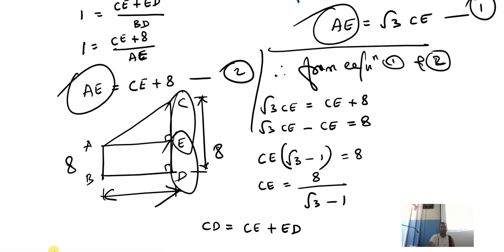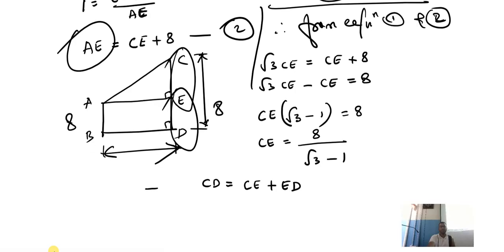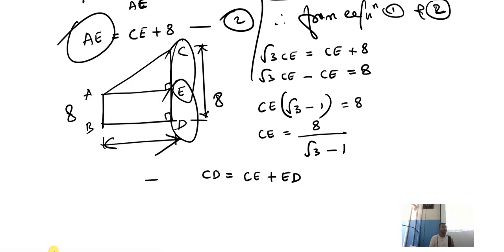CE plus ED. To find the value of CD, we have to add CE plus ED. CE is 8 by root 3 minus 1, plus ED is 8.